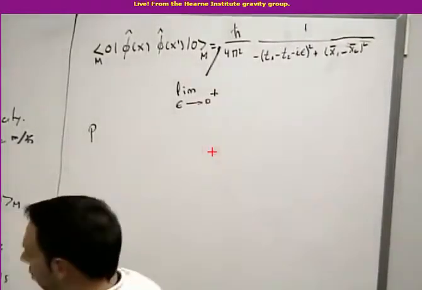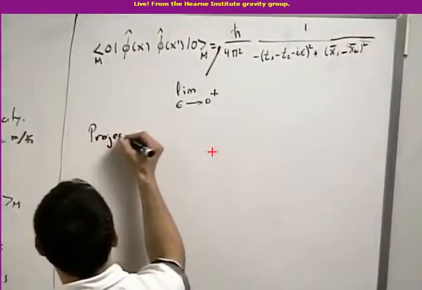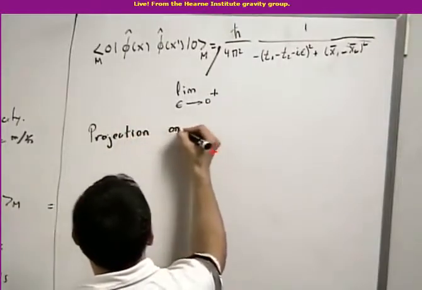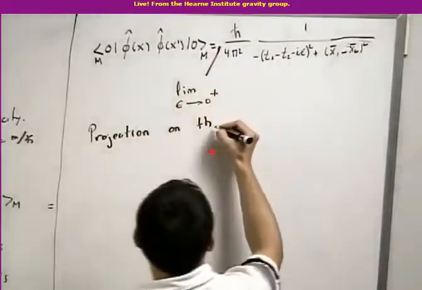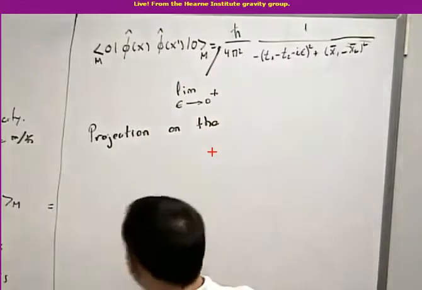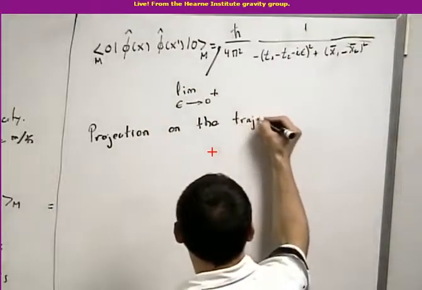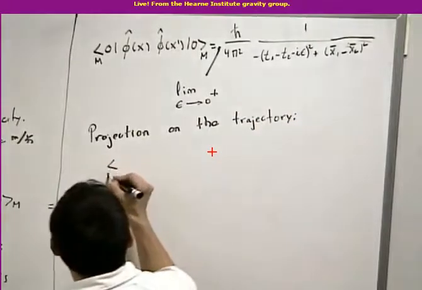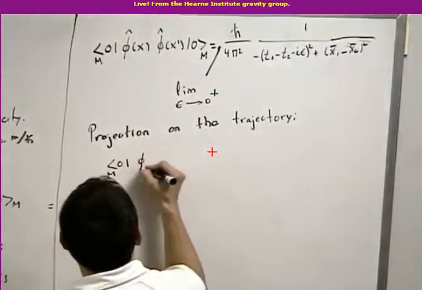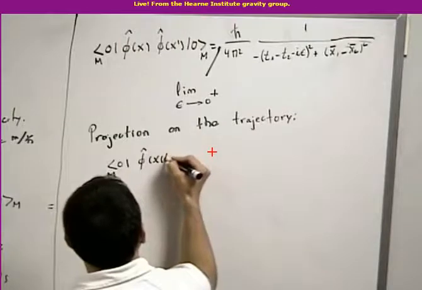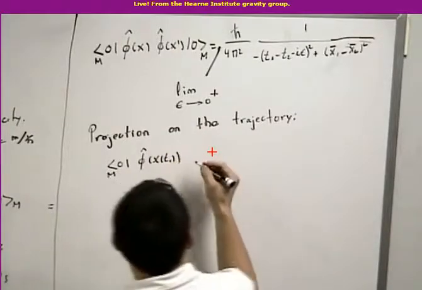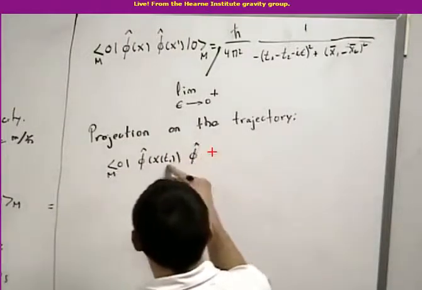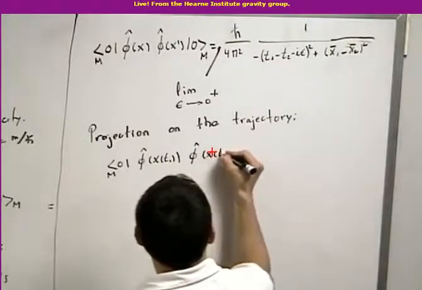So what we need is the projection on the trajectory. So to write this two-point function when the 2 points belong to the trajectory. But that is trivial. So I need the first point in the trajectory, so x of t1, where x of t is the trajectory, x of t2.